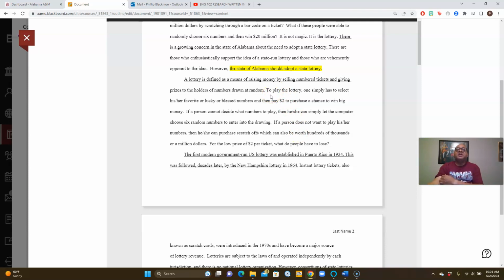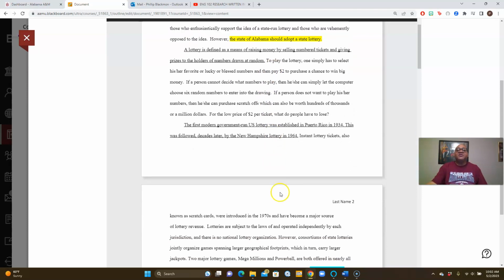How does a lottery work? And I go into detail about how to play a lottery, right? So remember, definition isn't just a sentence definition. You must also tell me how a thing works. What are characteristics of a thing, right? So in this paragraph, keep it 5 to 8 sentences. Just give me a definition.